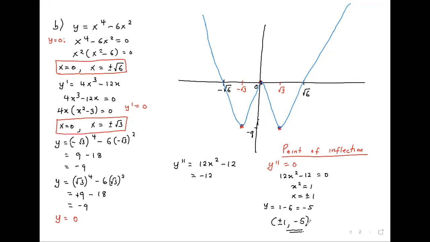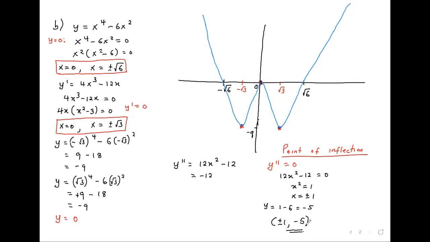Sir, I've got a question. Now, sir, where is the 12 gone? Since this other 12 here is a constant, we know it becomes 0, so meaning we're going to remain with 12x². Now, where is the 12 gone?